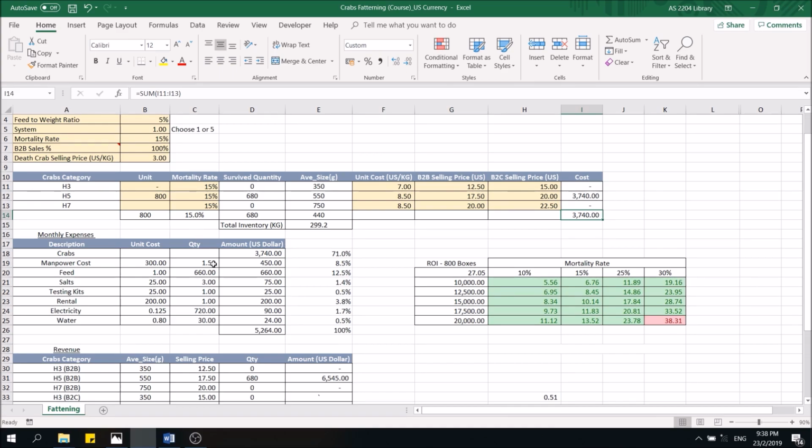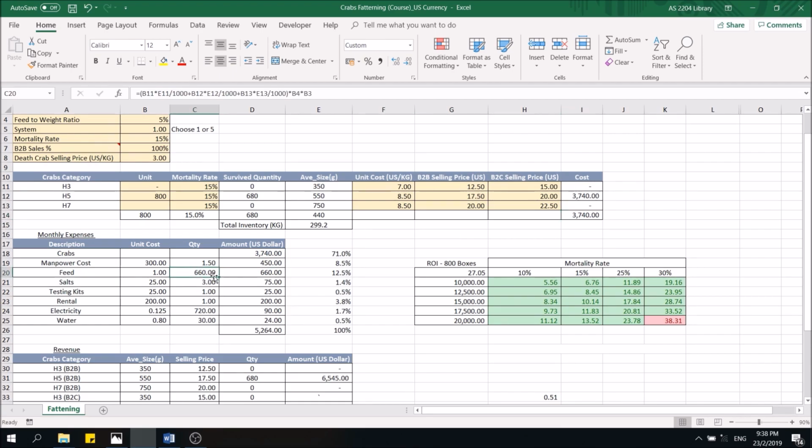It means we have to hire some part-time to cover over the weekend.